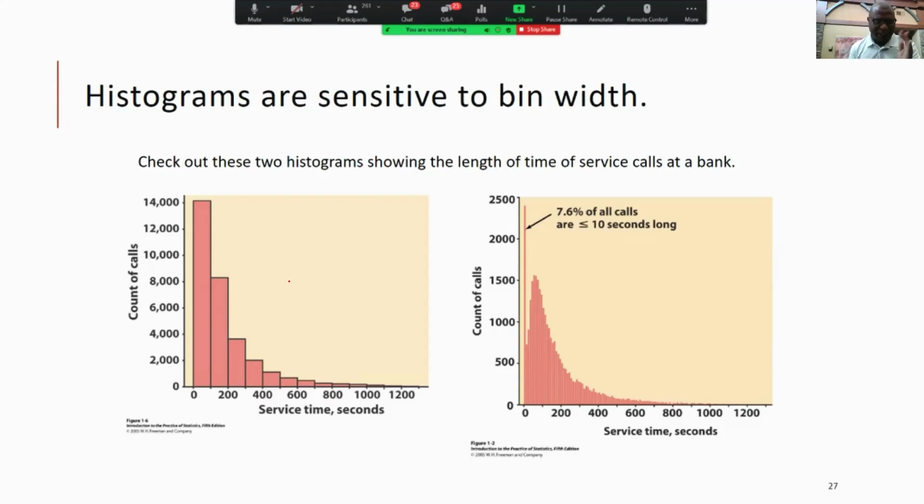So for instance, if you look at the one to the left, if you want to interpret this, you would say that there are about 14,000 people who are making between 0 and 100 calls. Well, that's true. But what you don't learn from the graph on the left is that about 7.6% of this whole data set actually do not make any calls at all.